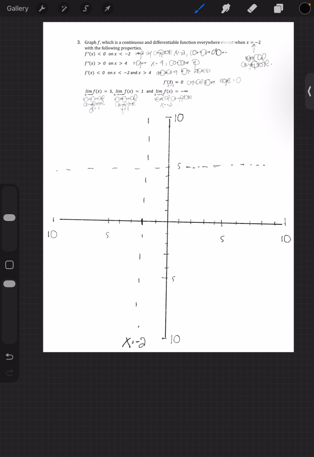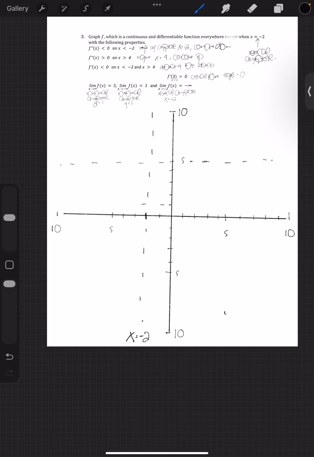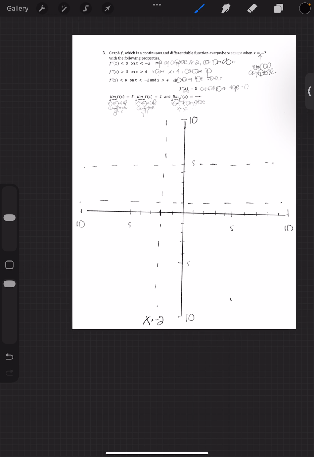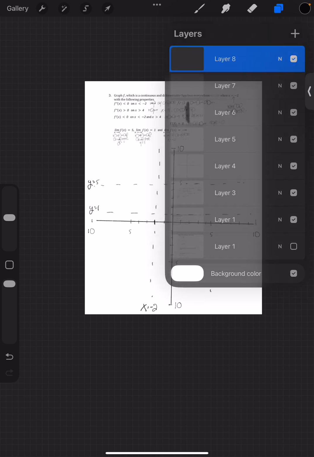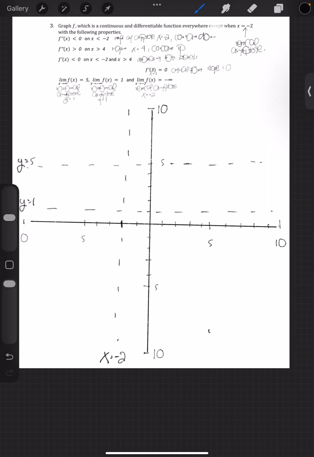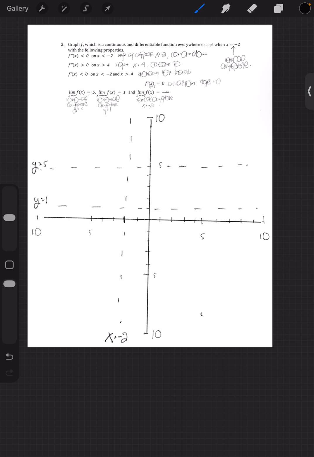And then at y equals 1, which would be here. So those are our horizontal asymptotes, y equal to 5 and y equal to 1. And then from here we can sort of begin figuring out our graph.